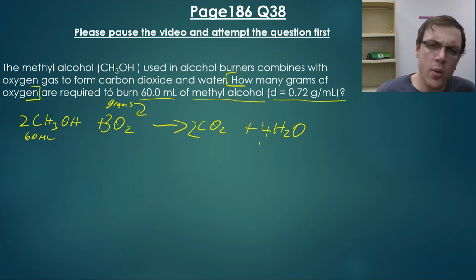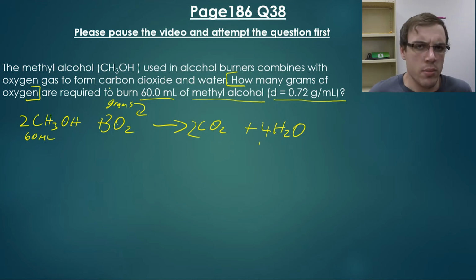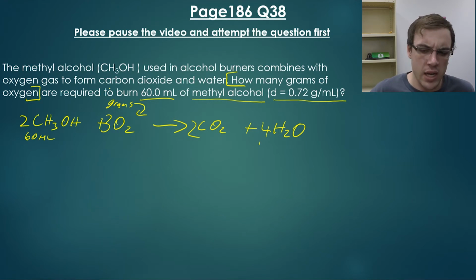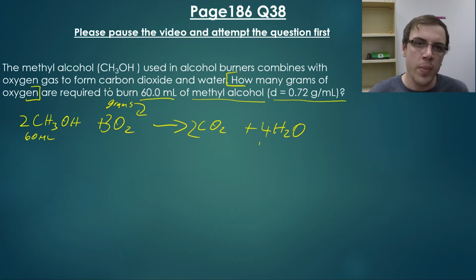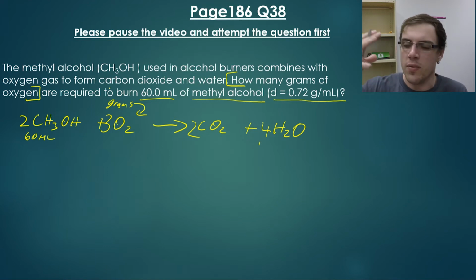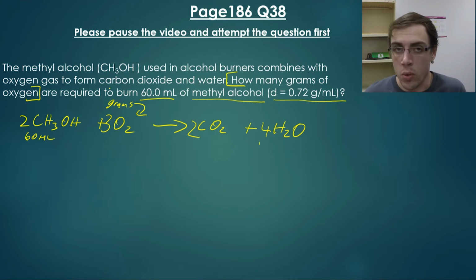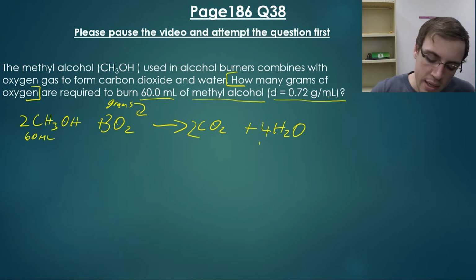Because we have a volume. We don't use volume in moles because we have a mass and we have a molar mass. So this is where the gears should be turning and going, okay, what is the link between the volume that we have and converting it into a mass, which we can use in moles? And the answer is our density over here.